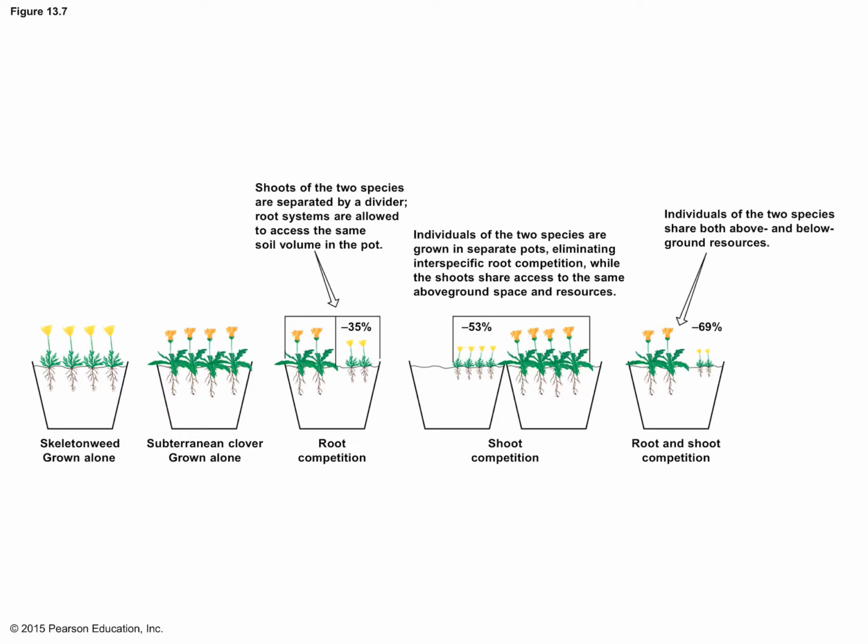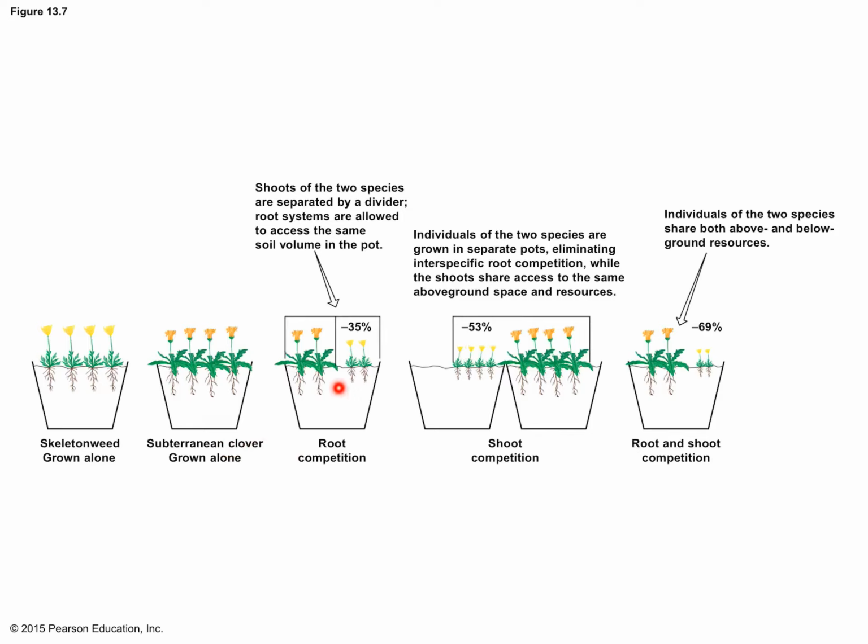Now, the mixture population. So we have two populations here, a couple of variations on this. You have two populations grown in the same pot where the leaves and roots intermingled. We have them grown in the same pot where roots intermingled but leaves were separate.